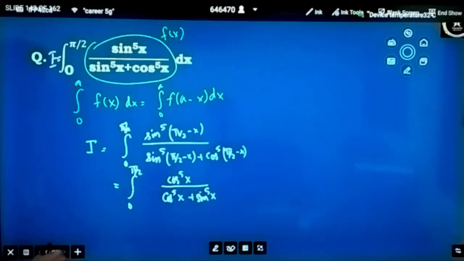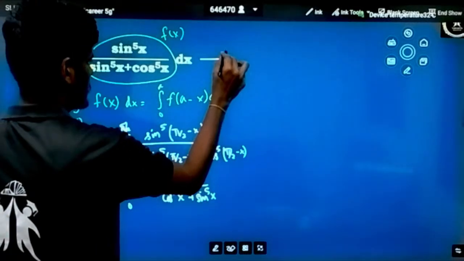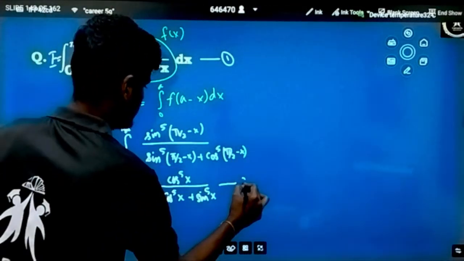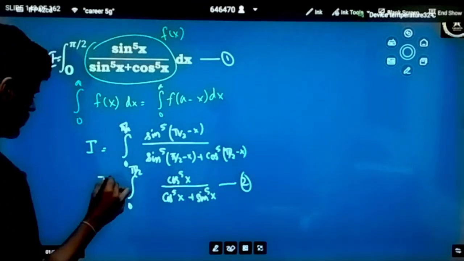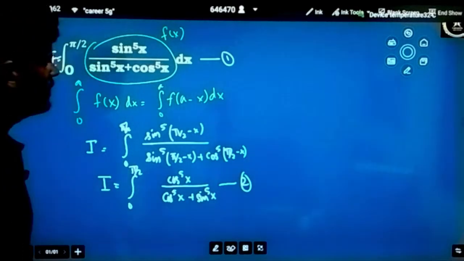Okay, now let's take the function given in the question as 1 and this as 2. Actually both are the same integral.